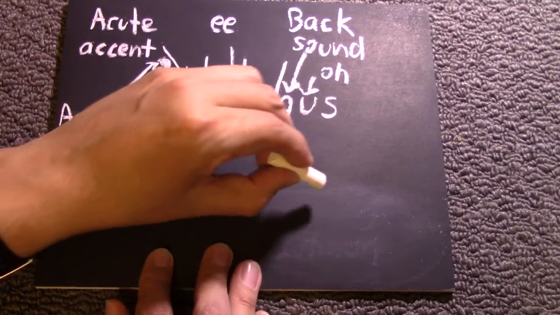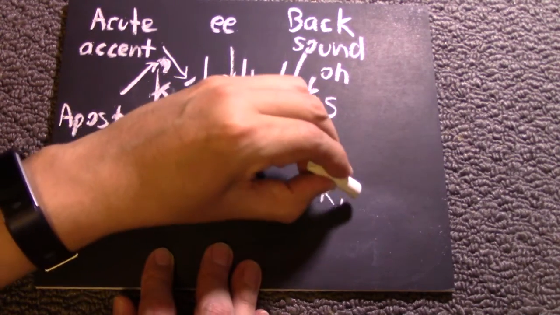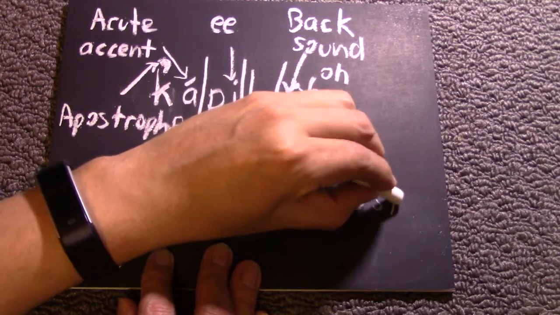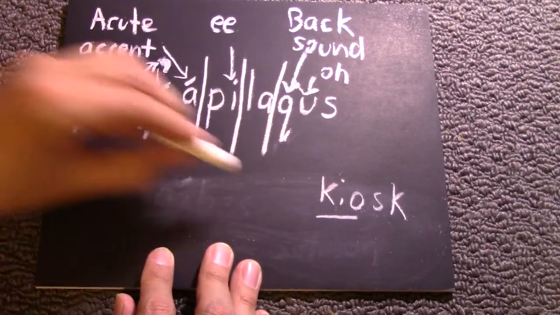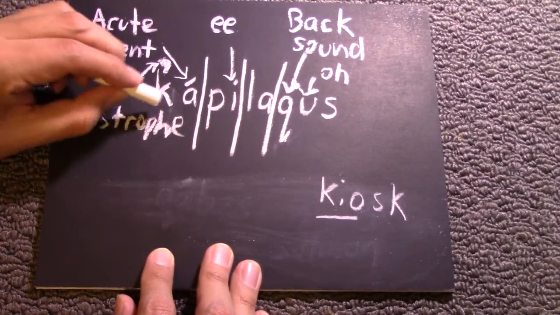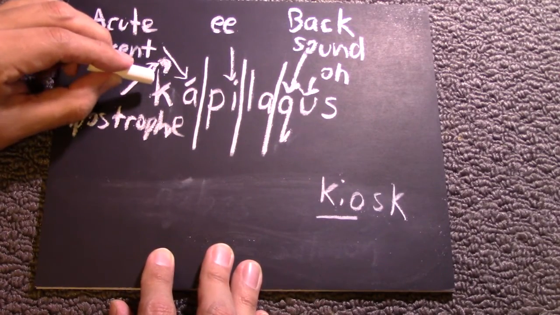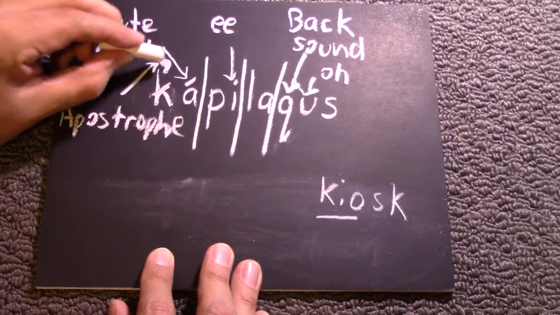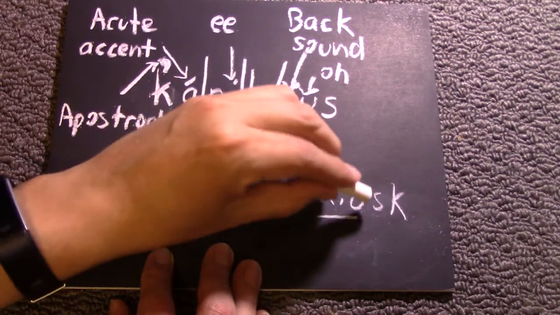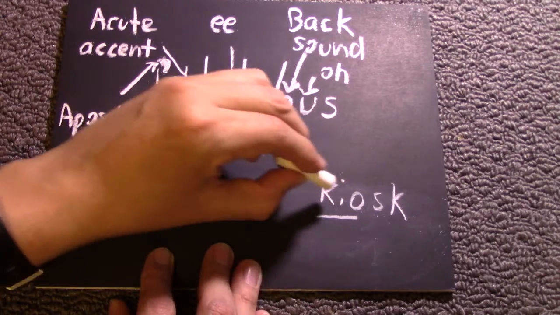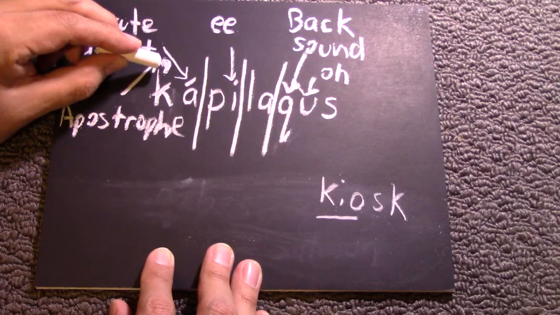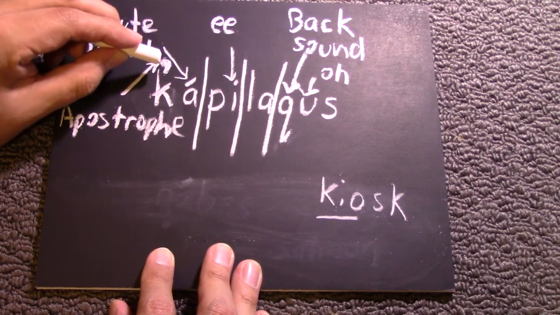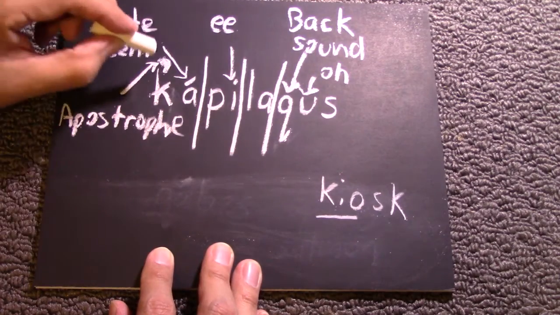If you think of the word kiosk, that first part of the word sounds a little bit like that. There is no English equivalent for this letter, but this comes close. So the real pronunciation will be kya. And then the rest of the word stays the same.